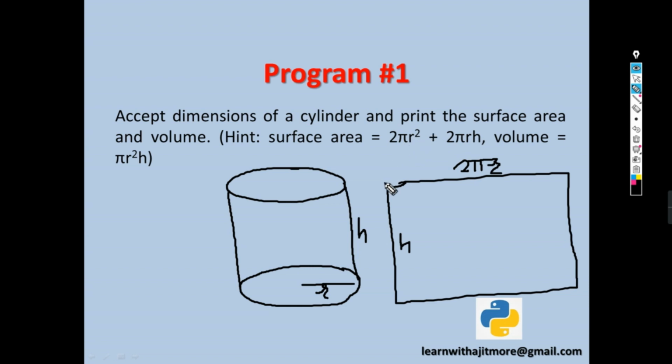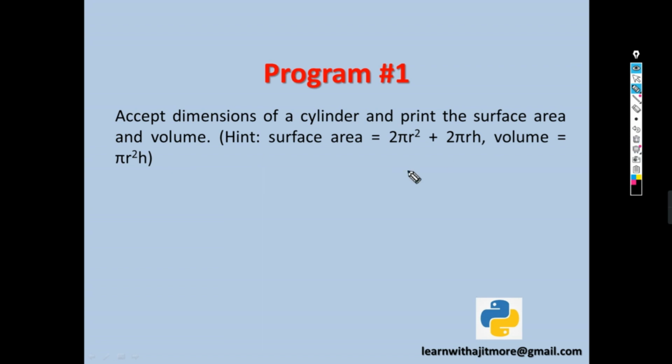Getting? So if you take the total of it, you'll get surface area. Now volume is pi r square h. Okay? So this is very basic program where we have to accept these two parameters, that is the base radius and the height, calculate surface area, calculate volume, and display it.